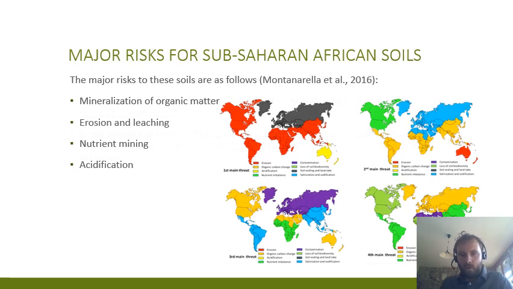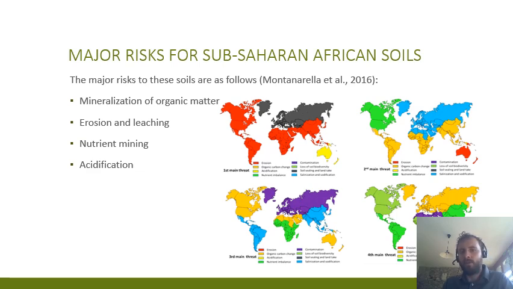We can look at this map again that I showed in the introduction of the major risks to the soil. We can see that everywhere in Africa, the first risk is erosion, followed by organic carbon change, so the risk of mineralization of organic matter, and finally we have nutrient imbalance.